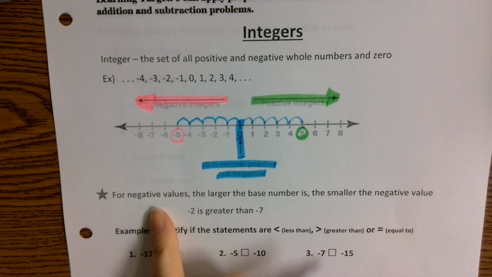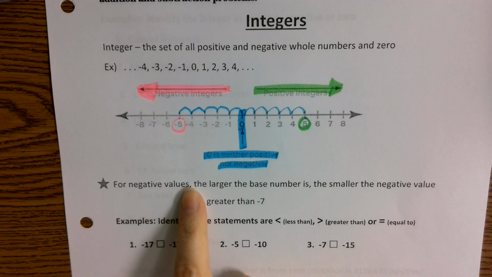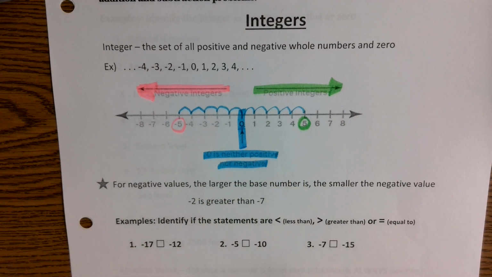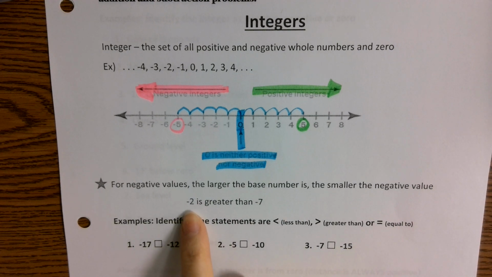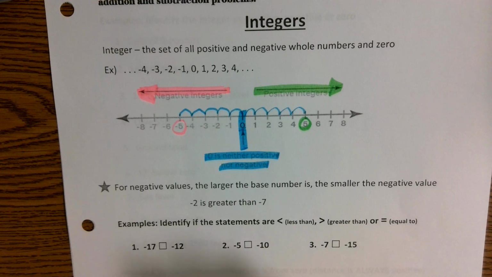Now, keep in mind, when you are identifying or comparing integer values together, when it's a negative value, the larger the base number is, the smaller the negative value is worth, meaning negative 2 is greater than negative 7. Even though we know 2 to be smaller than 7, when you add that negative sign to it, it has an opposite effect.